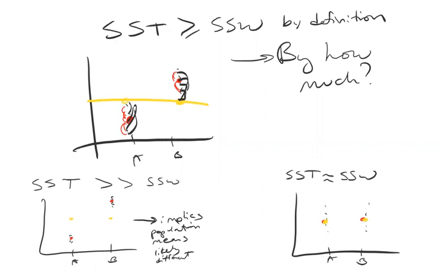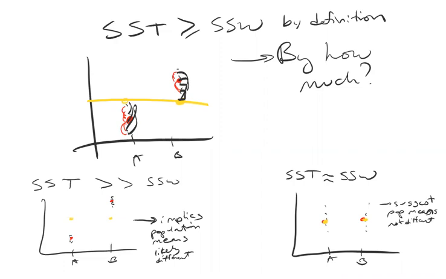Well, if the sample means are very close to each other, then therefore the overall mean is about the same as each of those sample means. And so now the sum of squares within and the sum of squares total are pretty much based on the same residual. They'll be very similar to each other. And so this is a case that suggests that the population means are not different from each other.